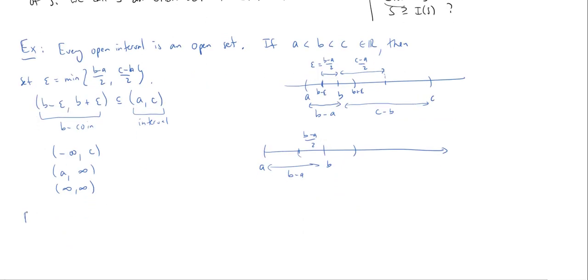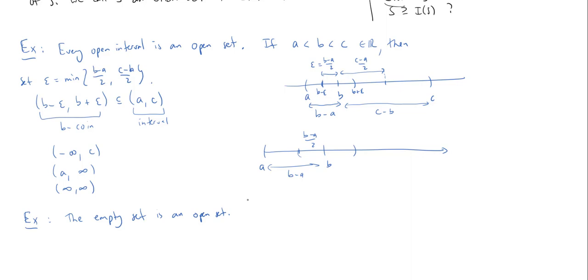Okay, another example, the empty set is an open set. Well, this seems almost counterintuitive. How are you going to put some sort of open interval around points that don't exist? But that's actually the point, right?